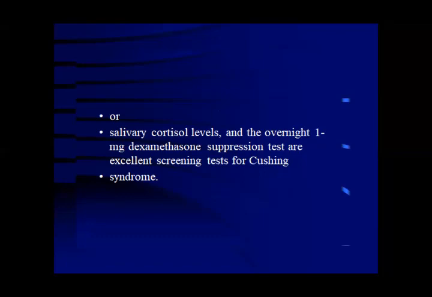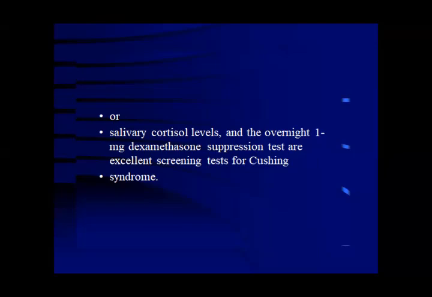So if you are going to diagnose Cushing syndrome, you will perform the salivary cortisol level, or you will give 1 milligram dexamethasone to the patient. Dexamethasone is a commercial preparation of cortisol. You will give it and see whether it suppresses the cortisol level or enhances it. If dexamethasone suppresses the ACTH level, it means your pituitary is working okay.